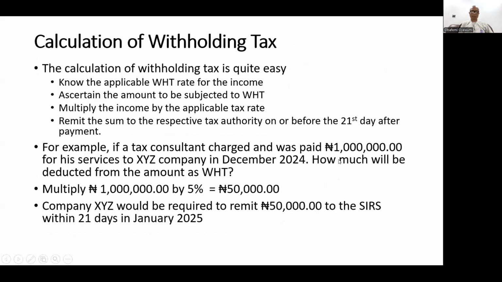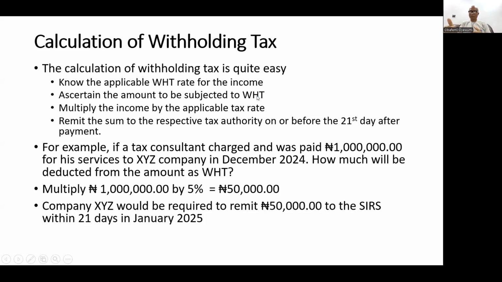Let's look at the calculation. How do you calculate withholding tax? The calculation of withholding tax is very easy. You have to know the appropriate and applicable withholding tax rate for that income. We saw the categories of income and transactions from which withholding tax is meant to be deducted. Then ascertain the amount to be subjected to withholding tax.